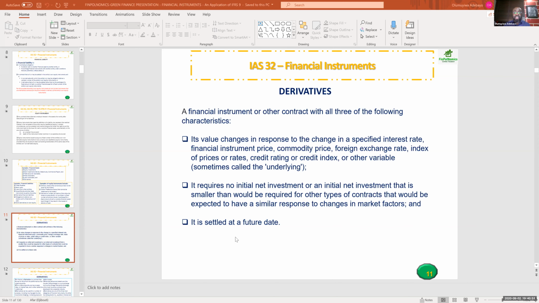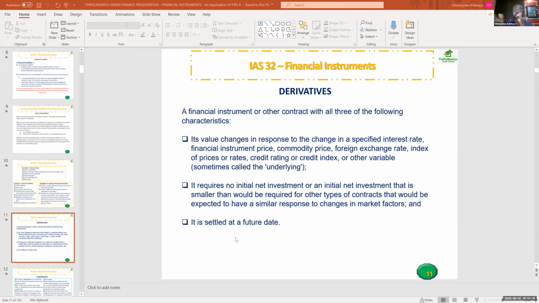Now, the agreement of the rate today is locked in today, but it will be made use of at the end of the 2 months, which means the rate you have agreed today is not for immediate delivery, rather it is for future delivery. These are features of derivative. But as we move on, we'll break it down to have a better understanding.